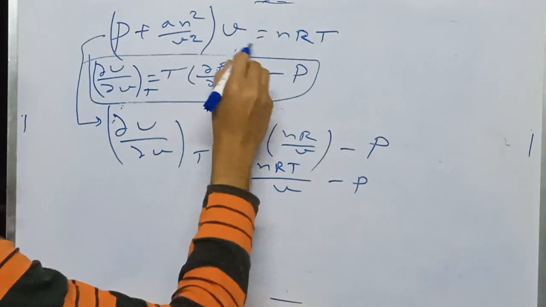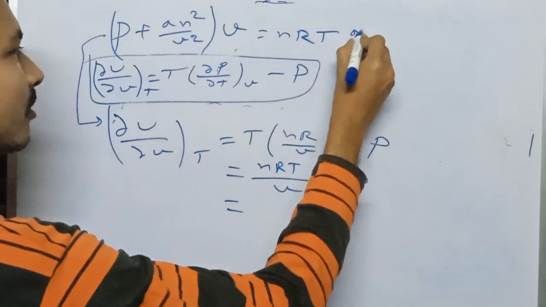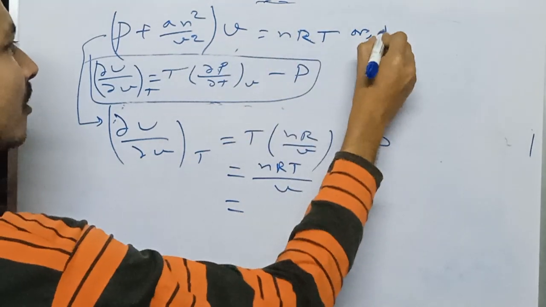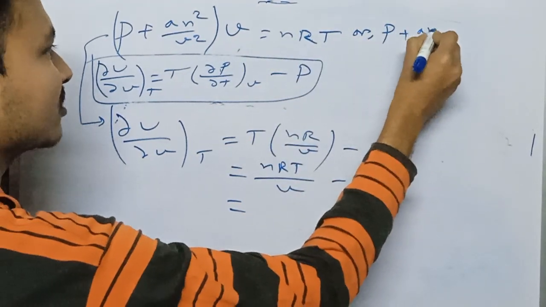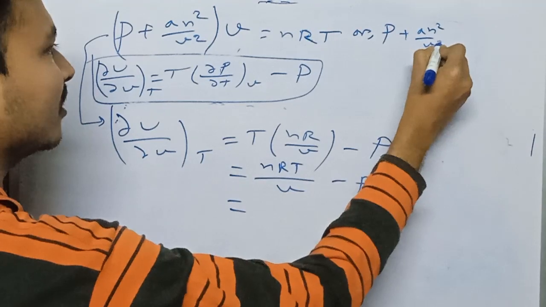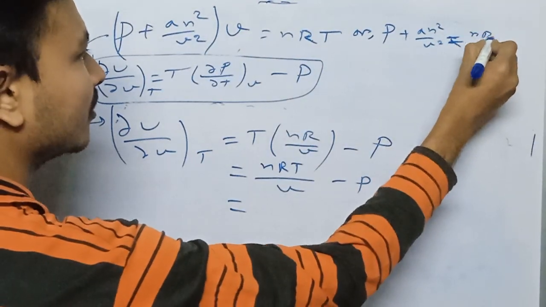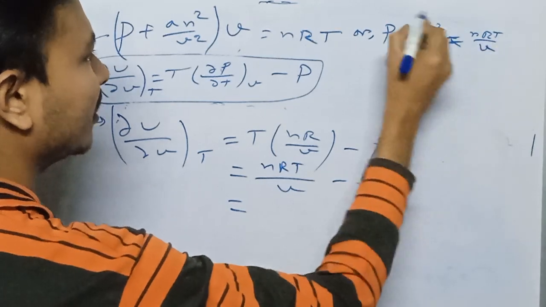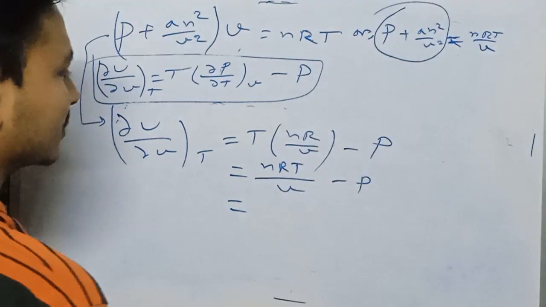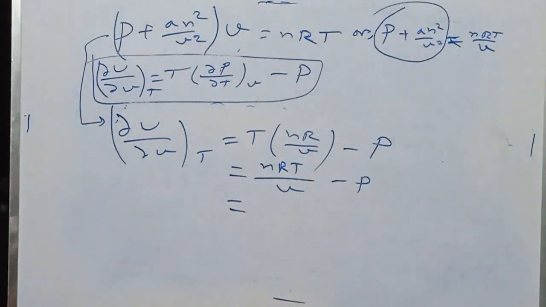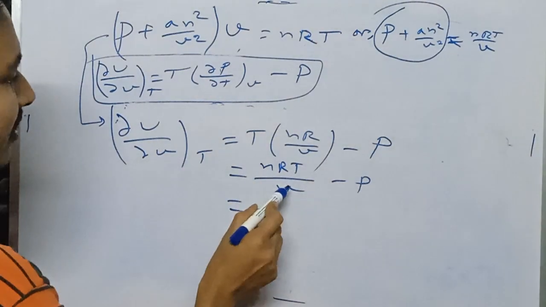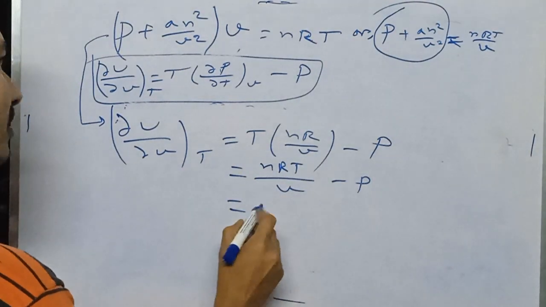Now from this gas equation, what is the value of nRT by V? P plus a n square by V square is equal to nRT by V. So nRT by V is equal to P plus a n square by V square. So here we may write P plus a n square by V square in place of it.